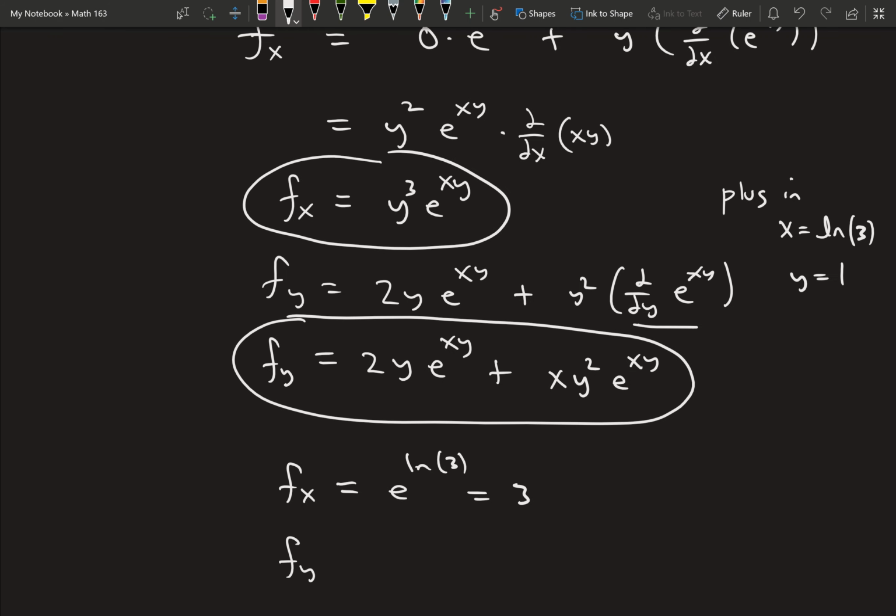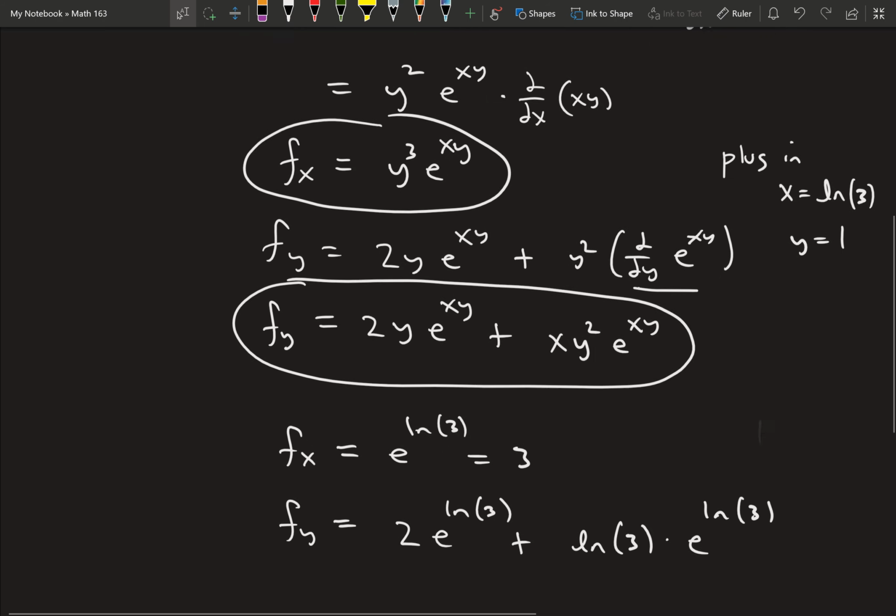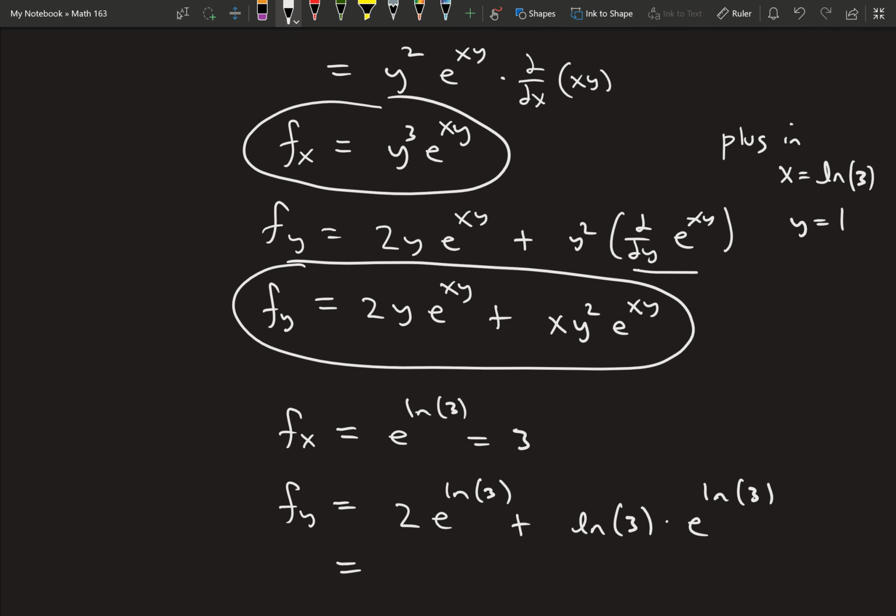For fy, we get 2 e to the ln of 3 plus ln of 3 times e to the ln of 3. So this is 2 times 3, which is 6, plus 3 ln of 3.